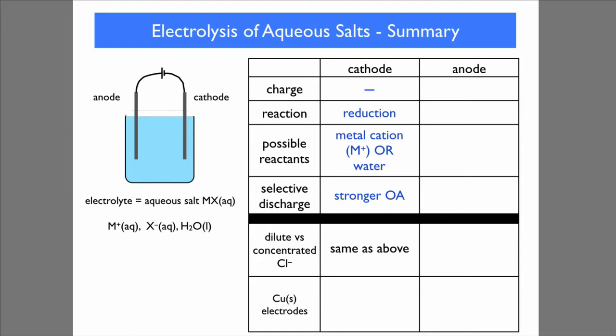Dilute versus concentrated chloride makes no difference, it's the same at the cathode. And it would make no difference if you use a copper electrode instead of an inert electrode, it's still the same as above.